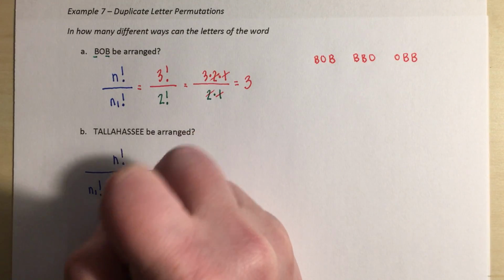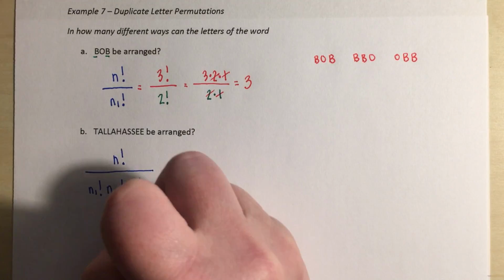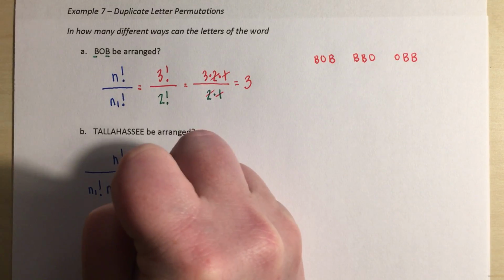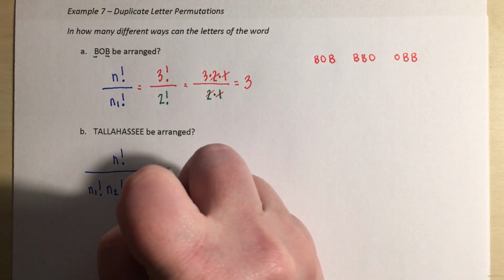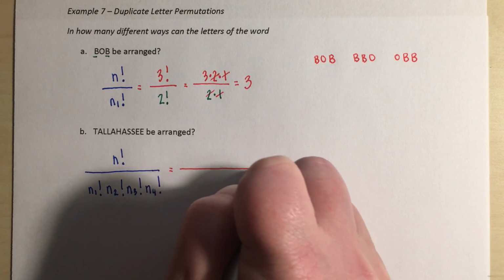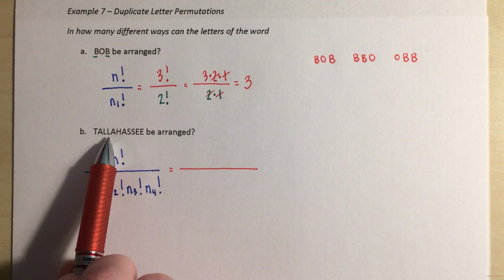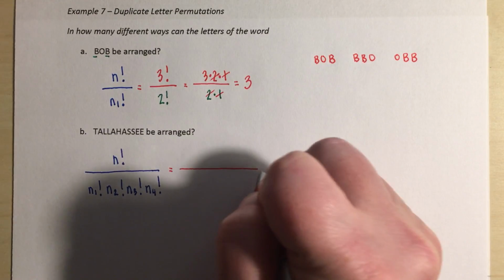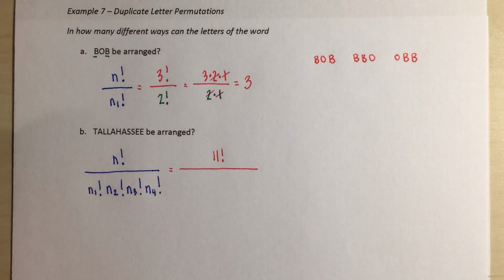We have the letter S repeated, that's going to be n3 factorial, and we have the letter E repeated, so that's going to be n4 factorial. So we have a factorial for each different letter that is being repeated. Now, if we count the letters in Tallahassee, 1, 2, 3, 4, 5, 6, 7, 8, 9, 10, 11, we have 11. So we're going to start off with 11 factorial.